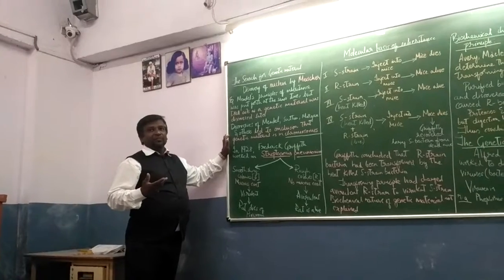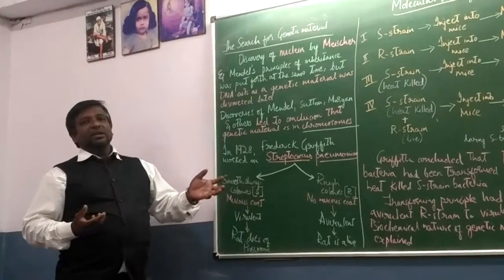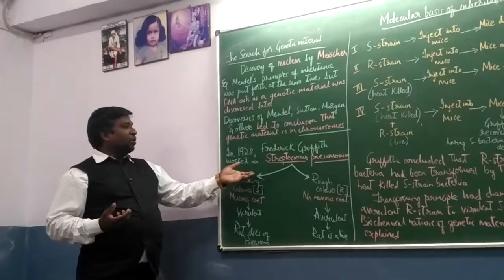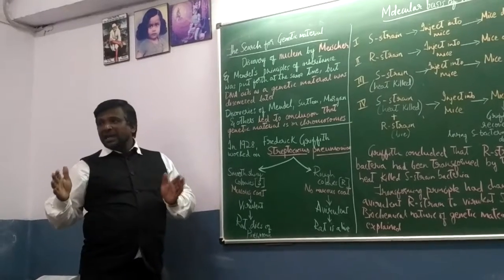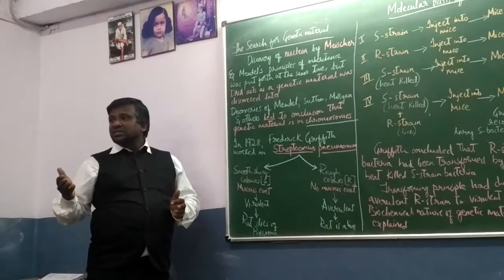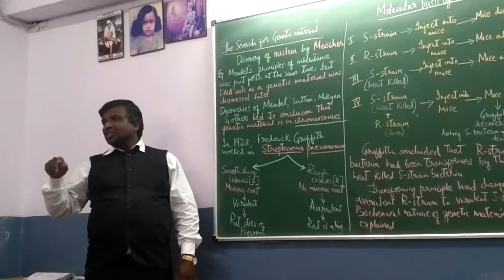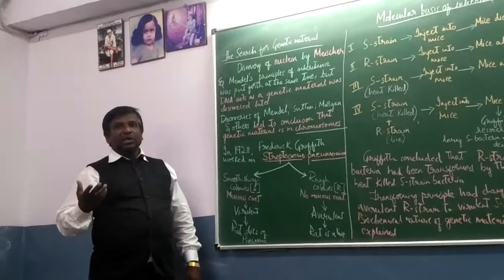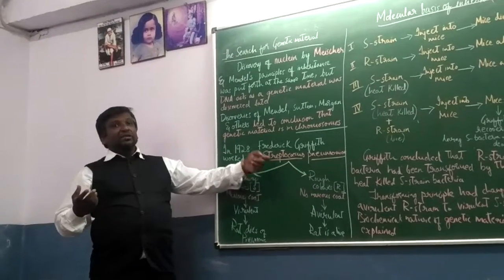In 1928, Frederick Griffith worked on Streptococcus pneumoniae, which causes pneumonia. As the name indicates, cocci are circular in shape and non-motile.